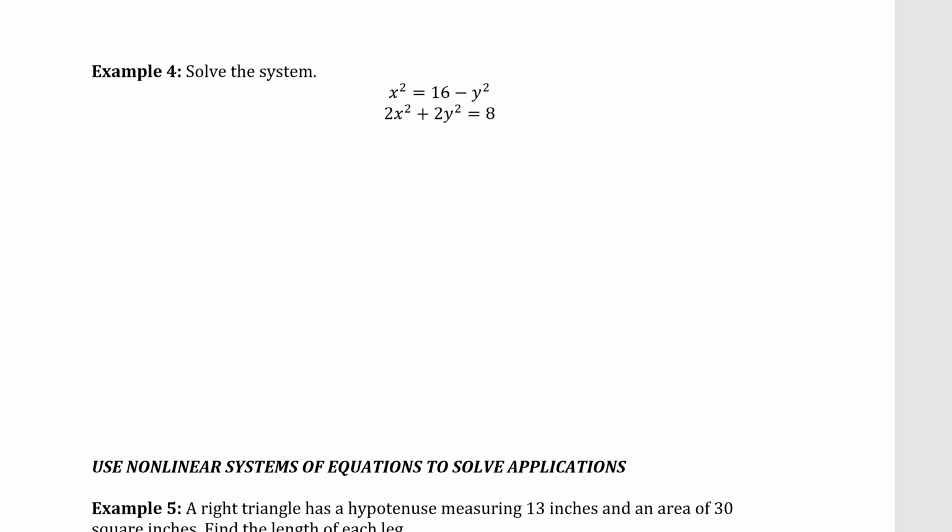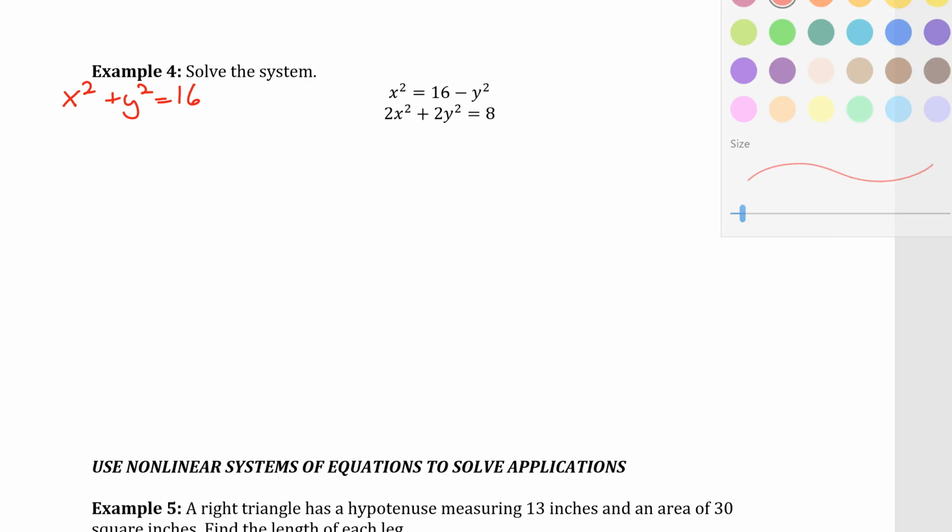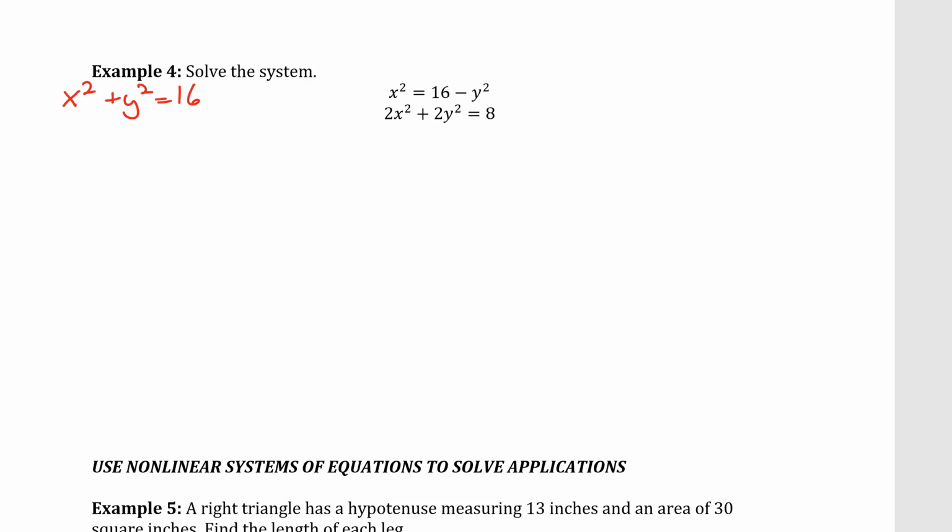Now notice these are not lined up. So I actually have to line these up. I want to get this y squared on the other side. So I'm going to add a y squared to both sides so that it looks like this. Now I have x squared plus y squared equals 16, and I have 2x squared plus y squared equals 8.